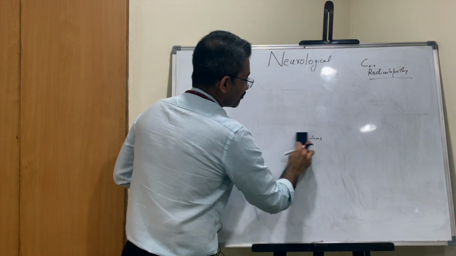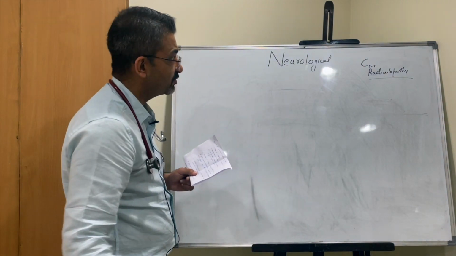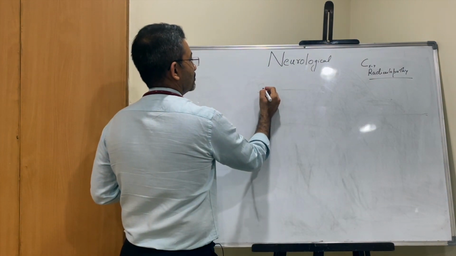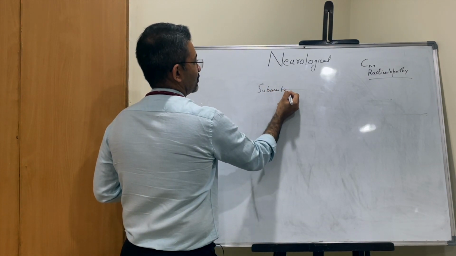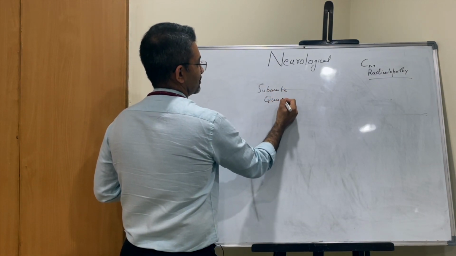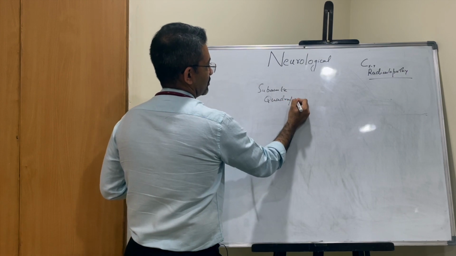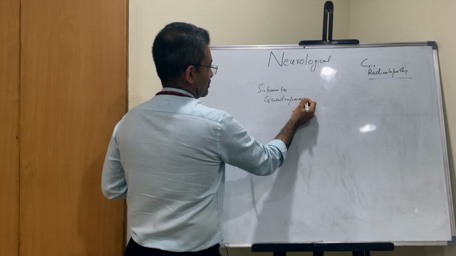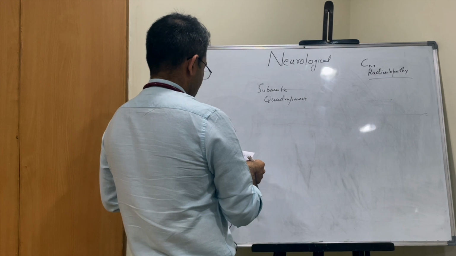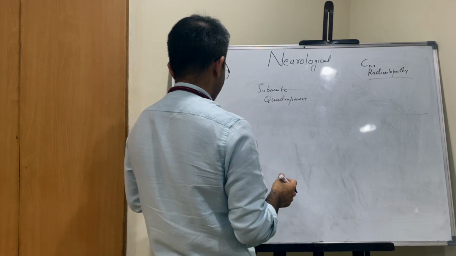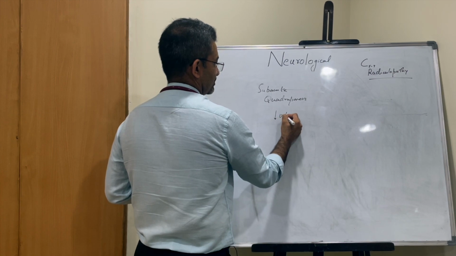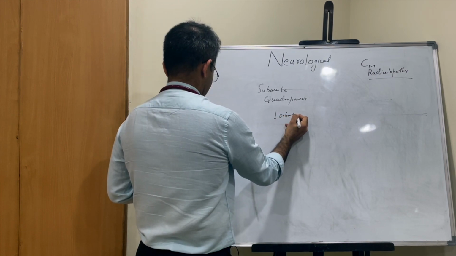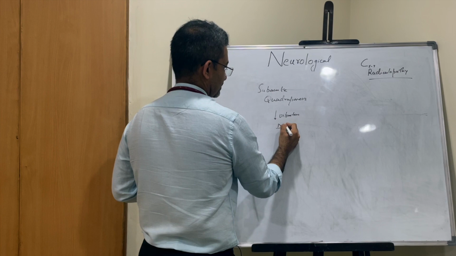Now coming to quadriparesis, say for example you have a patient who comes to you with subacute quadriparesis. Now you demonstrate that you have decreased vibration and DTR is absent.